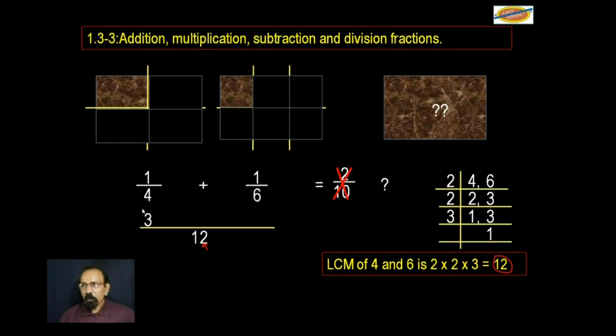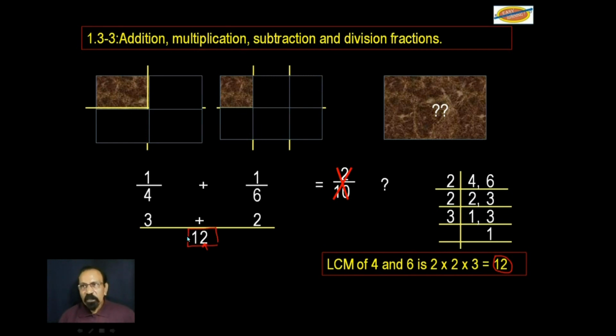Bring down the plus sign. 6 into 12, 2, 2 ones, 2. At this point, we have expressed a quarter as 3/12, and we have expressed 1/6 as 2/12. In other words, those two fractions now have the same denominator.